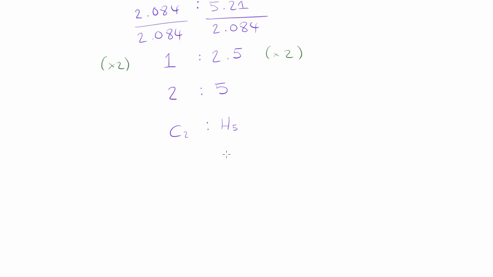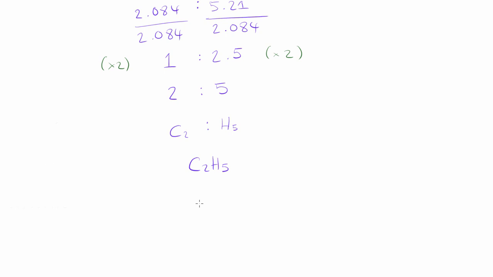Now we're going to need to put this into a proper formula, right? This is kind of just a hand-wavy way of showing the number associated, but the actual formula is going to be C2H5, right? And so do we now have our empirical formula?